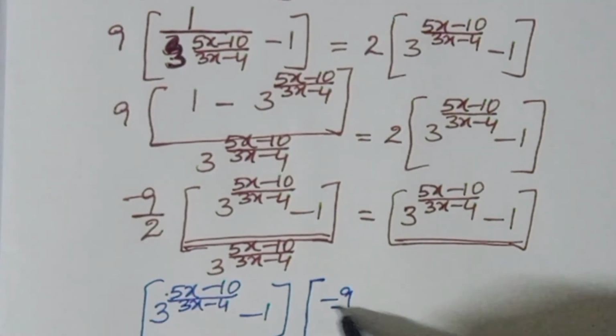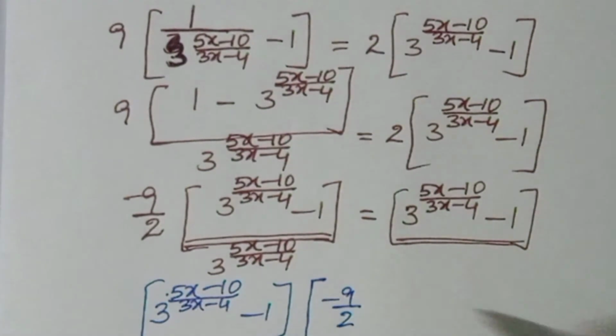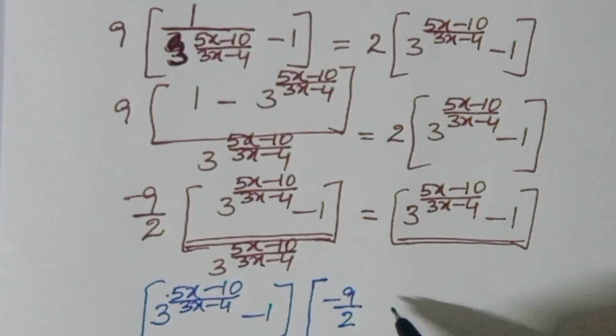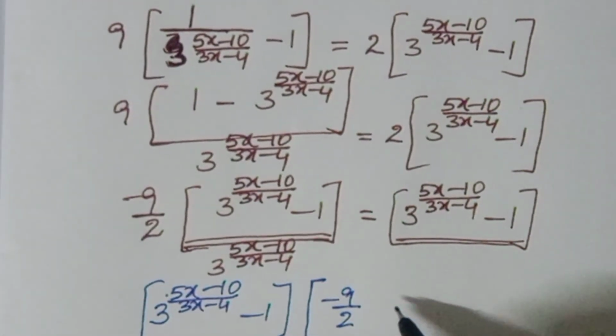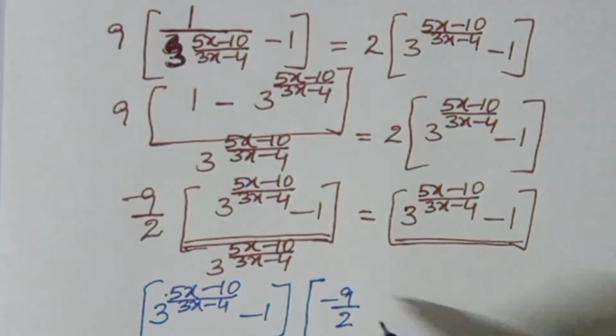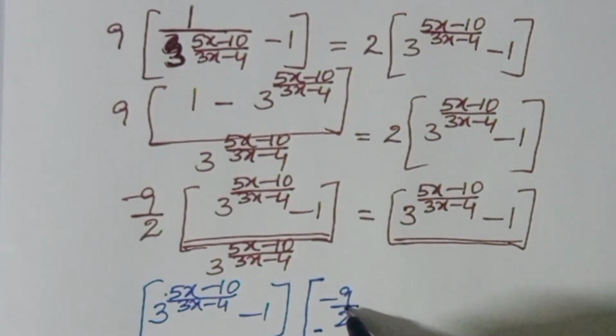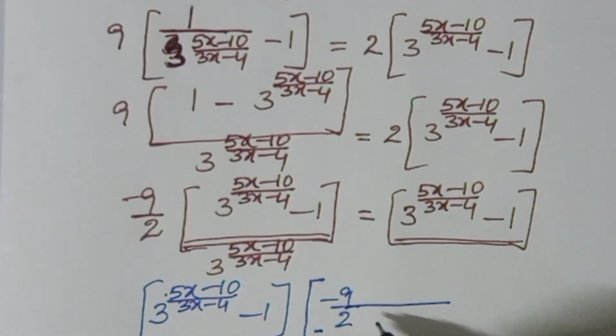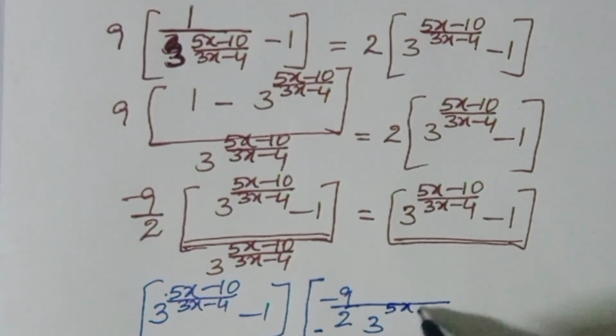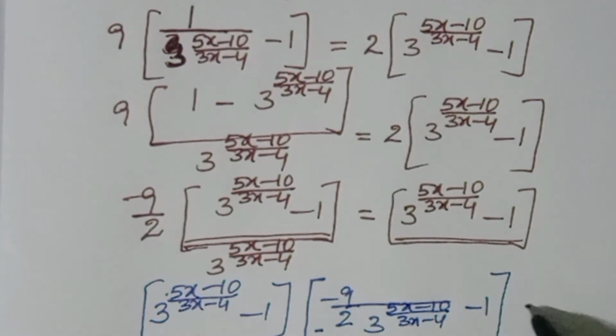Minus 9 by 2. 9 by 3 to the power of (5x minus 10) by (3x minus 4) minus 1 equal to 0.